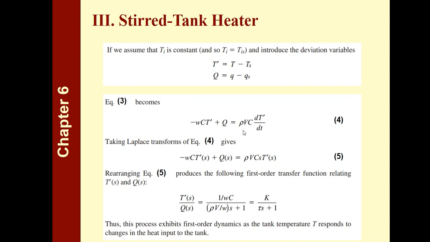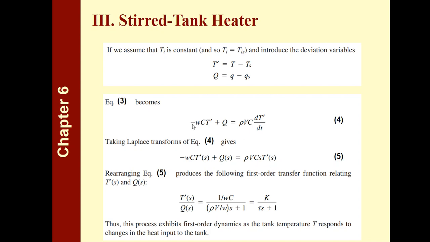So if we take the Laplace transform of this expression in equation 4, it would be copying only the other characteristic parameters, and all the variables will have S. It will be converted as a function of S. So the T prime of S, the Q of S, and the T prime of S on this side.